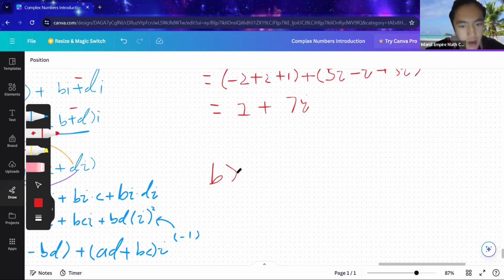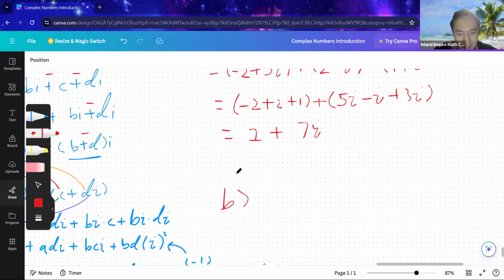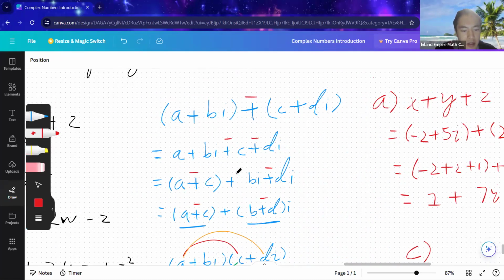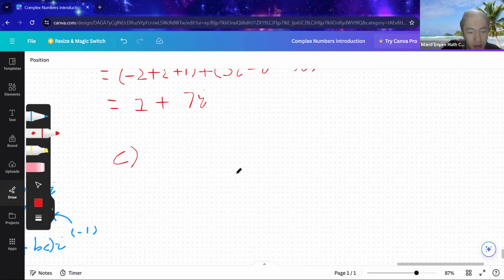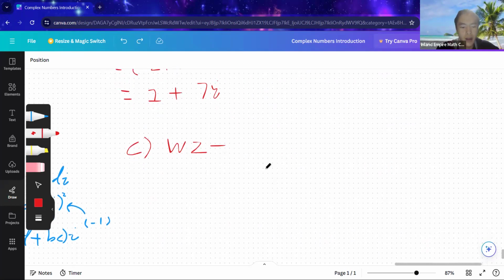Part B, right? Sorry, no, not part B. Part C is find WZ minus 2W minus Z. This is actually not good because the 2 is looking like the Z. I'm going to write Z in cursive like this so that we don't confuse these two.